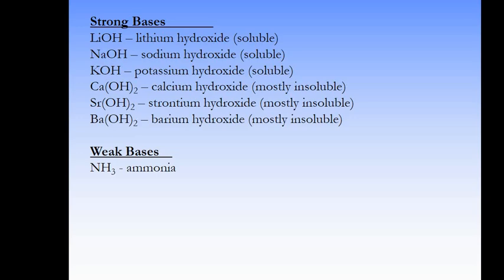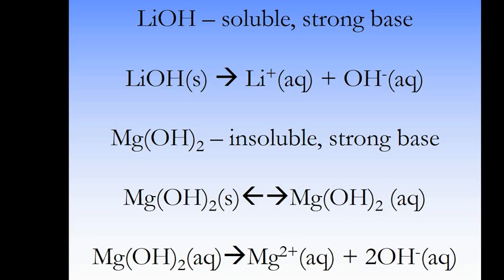Let's discuss the difference between the two types of strong bases. If we look at lithium hydroxide, which is a strong base, we recognize it's also soluble, which means it completely dissolves in water. So that first equation, lithium hydroxide solid, goes to aqueous lithium ions and aqueous hydroxide ions.